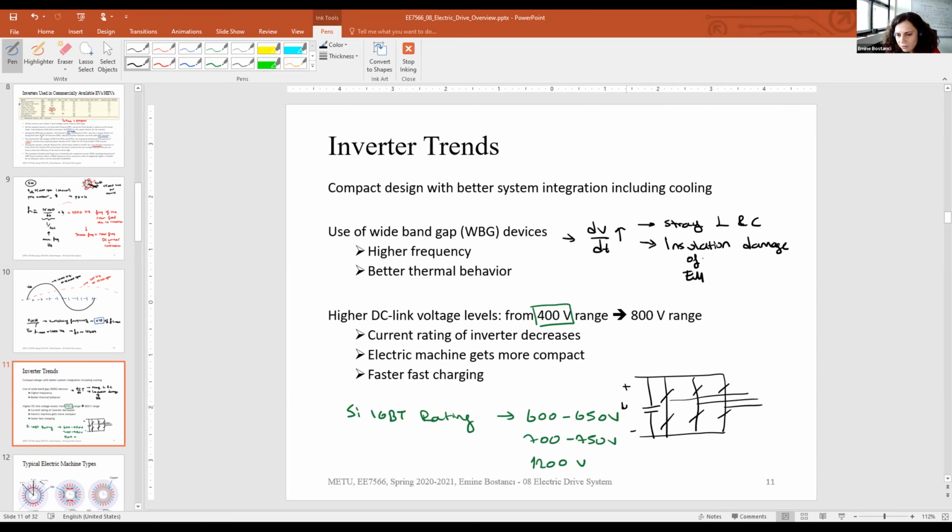So if I have here 400 volts, it means that one of the devices, if for example this is the conduction path and something like that is coming, then one of the devices has to be able to block the 400 volts. So if they are conducting, it doesn't block any voltage, of course, but if it is not conducting, it has to block the 400 volts.